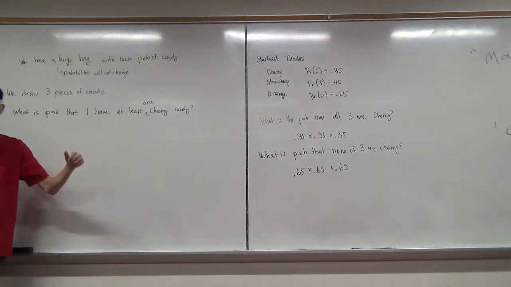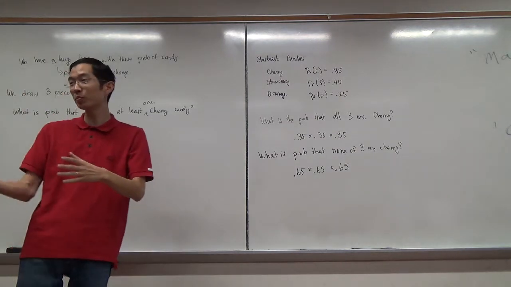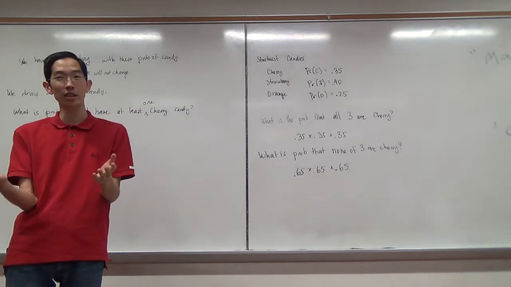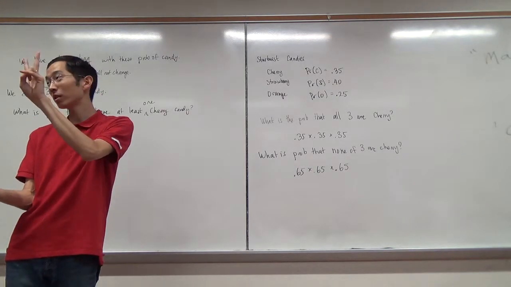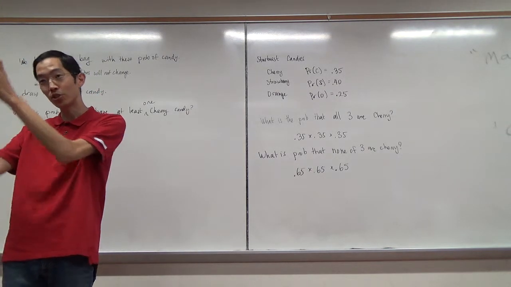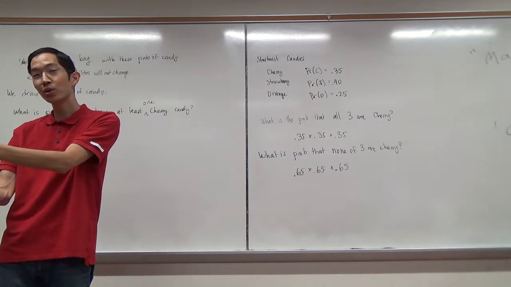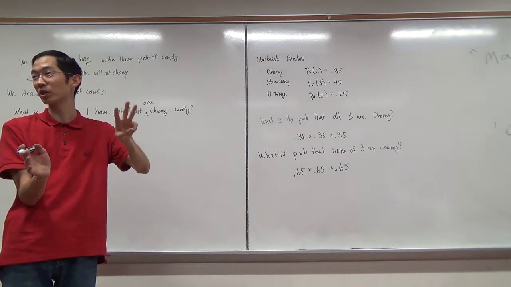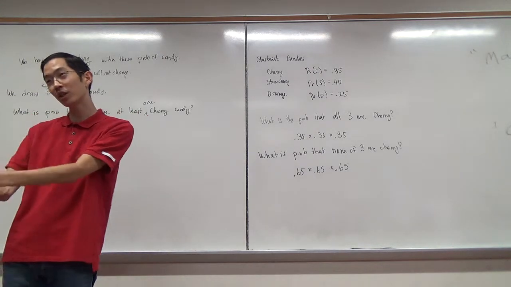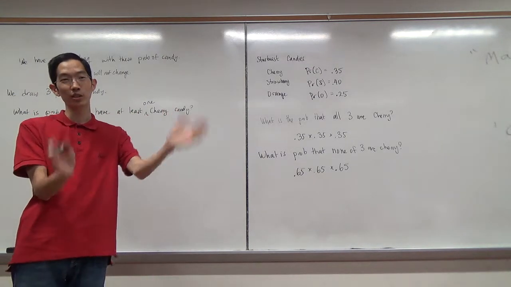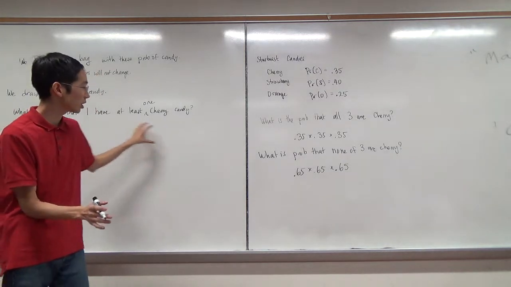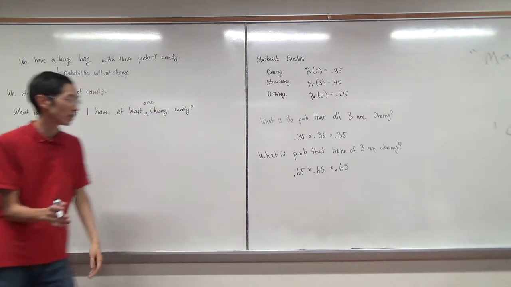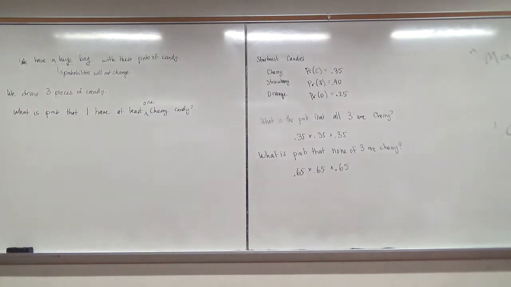When we draw three pieces of candy, only one of two things can happen: I either get no cherry candies, or I get at least one, because at least one includes 1, 2, or 3 cherry candies. So at least one is the complement of none.